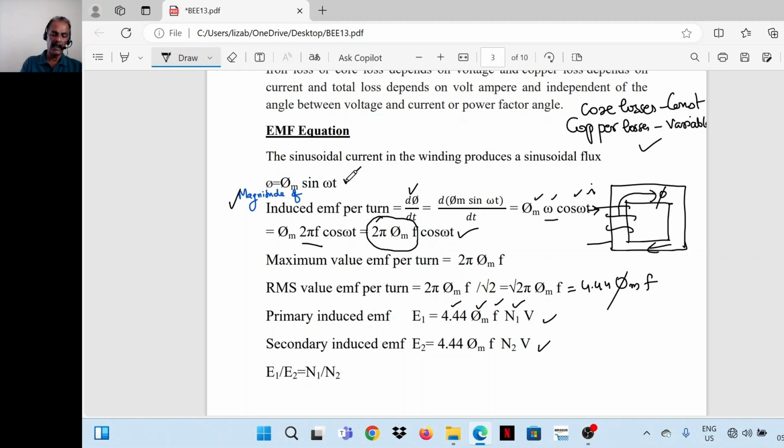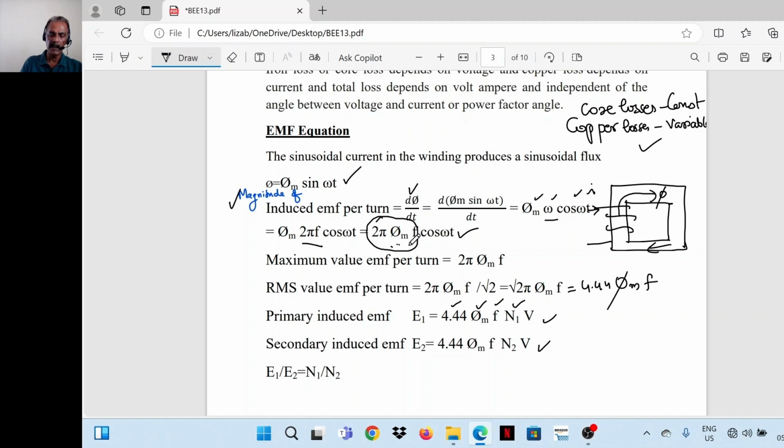Using the instantaneous value of flux, the magnitude is equal to d phi by dt. We are not considering the minus sign; we need only the magnitude. While differentiating, we get 2 pi f phi m cos omega t, the instantaneous value of induced EMF.